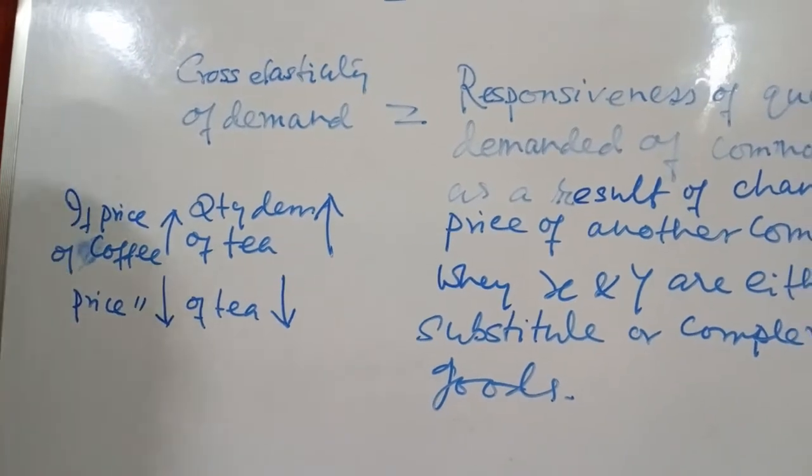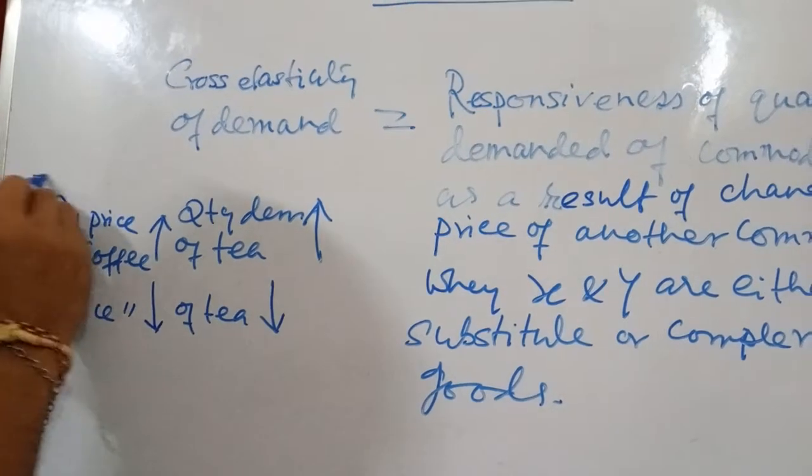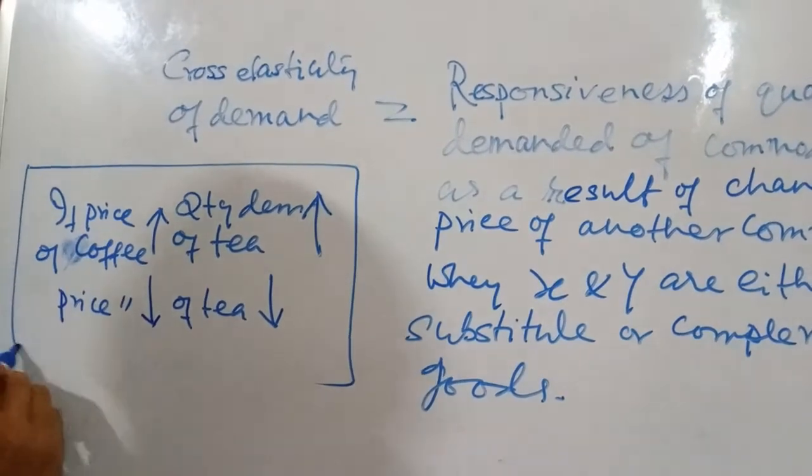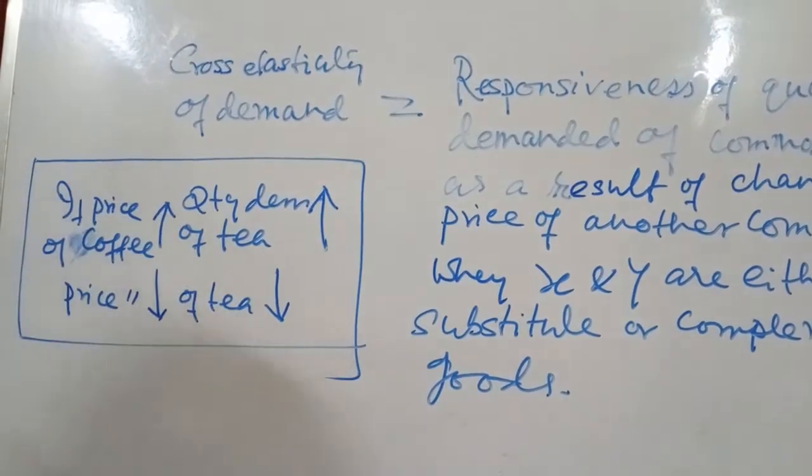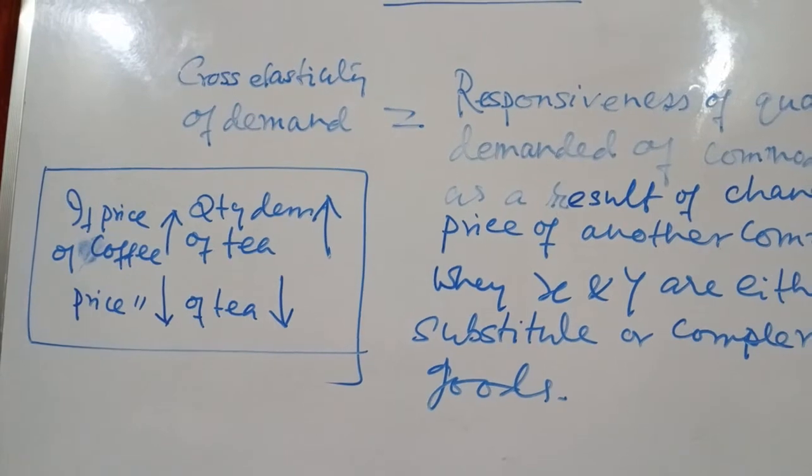This is the mechanism of price quantity between two substitute goods. Correct?